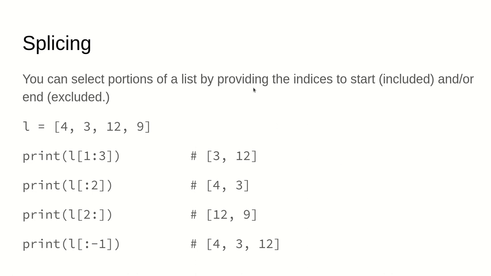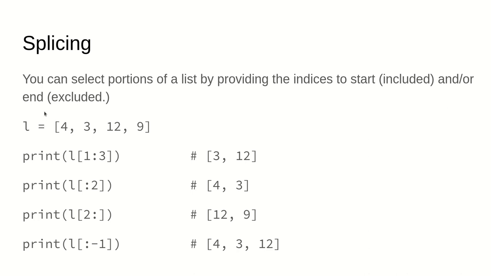Another really powerful thing that you can do with lists in Python is you can select portions of the list by index by providing the indices to start with and or the indices to end with. And I'll show you a few different examples because you can do this in a lot of different ways.